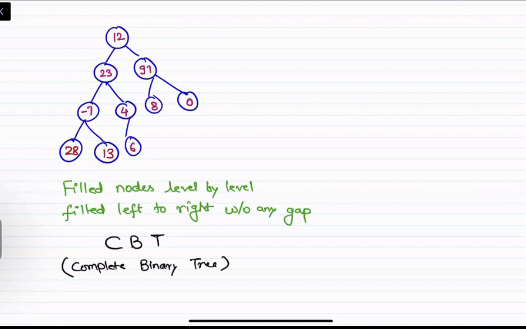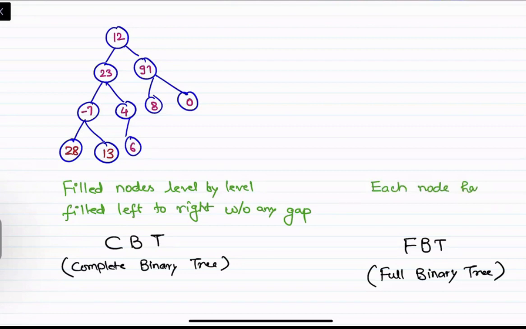And there is one more tree similar to this, which is called FBT. What is FBT? FBT is called full binary tree. Now, what is special about FBT? In FBT, the main condition is each node has 0 or 2 children, not less.